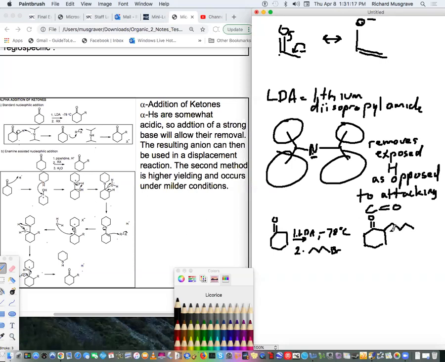So the attack occurs on the alpha carbon here, and the mechanism is fairly simple.